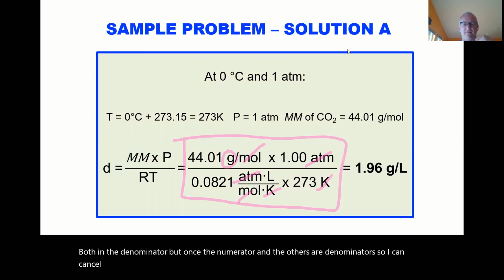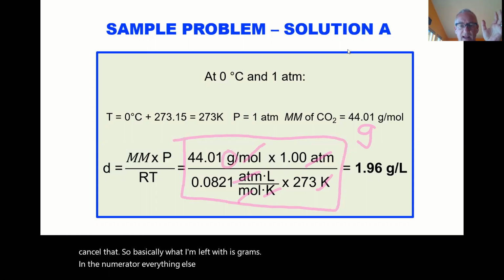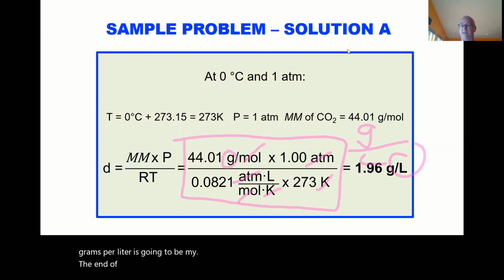So basically what I'm left with is grams in the numerator, everything else is canceled out, and liters in the denominator. So grams per liter is the end of it. That was the unit I was looking for. That's what density is measured in.